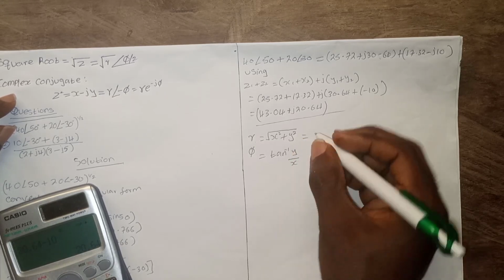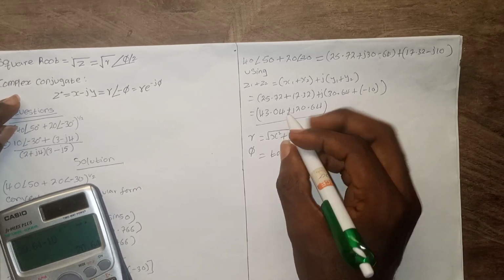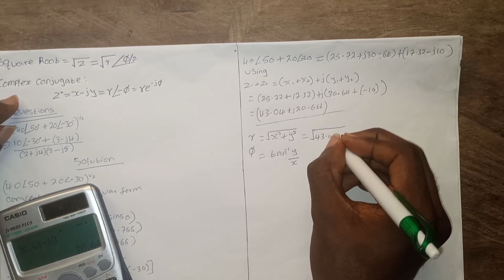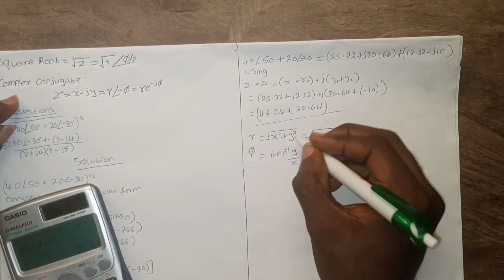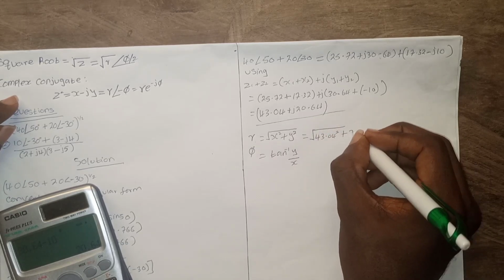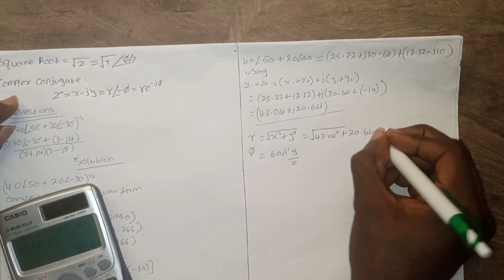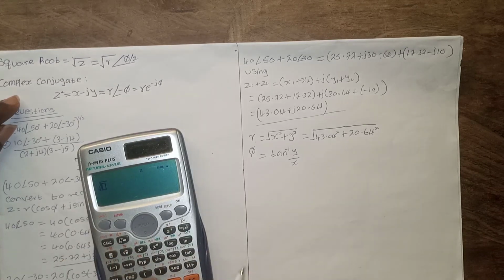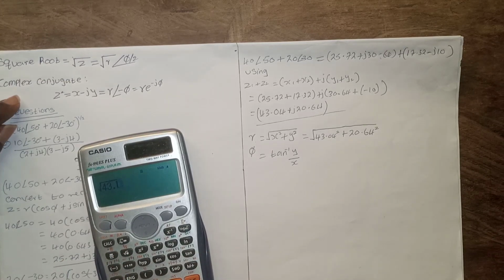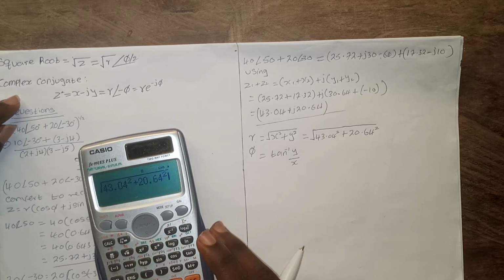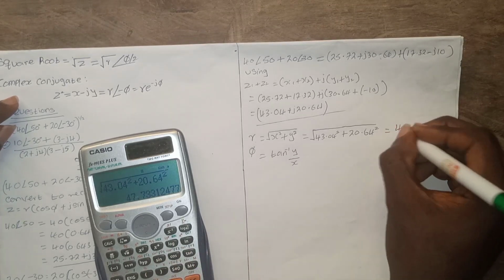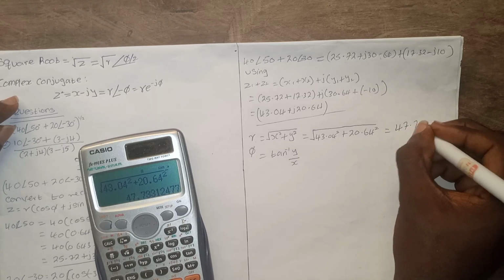So what's our x? Our x is 43.04, squared, plus our y, this is our y, that is 20.64, squared. So if you press it in the calculator, 43.04 squared plus 20.64 squared, it will give us 47.73.